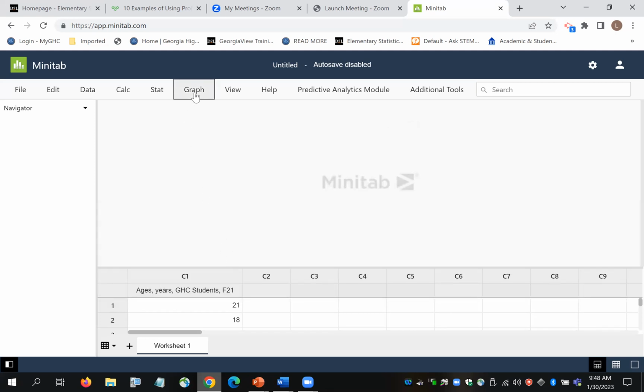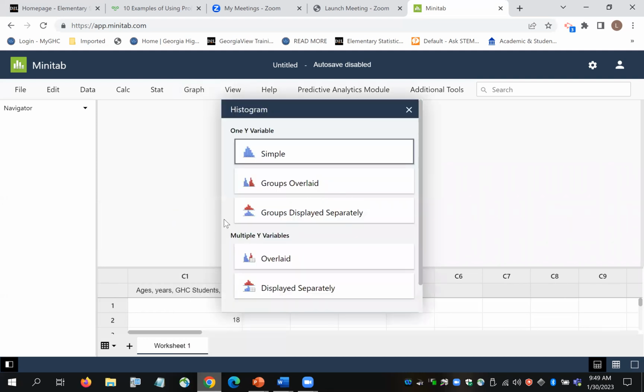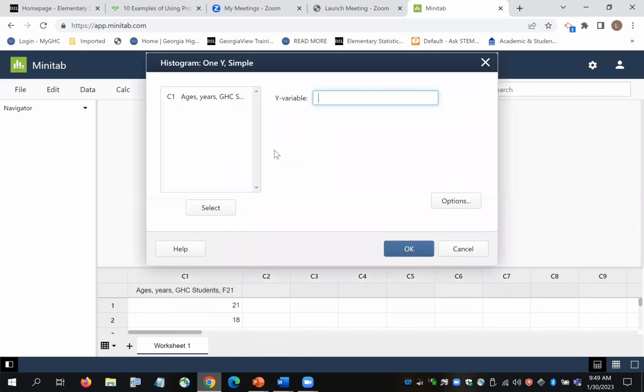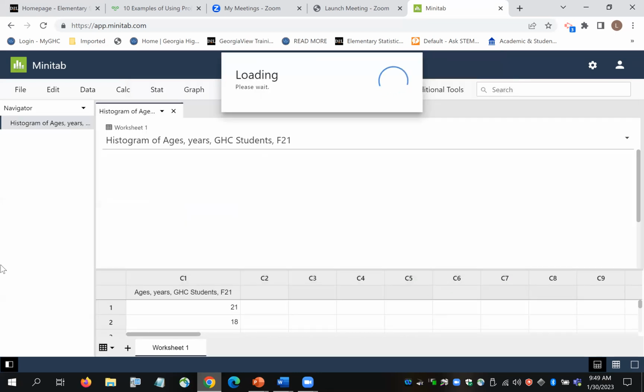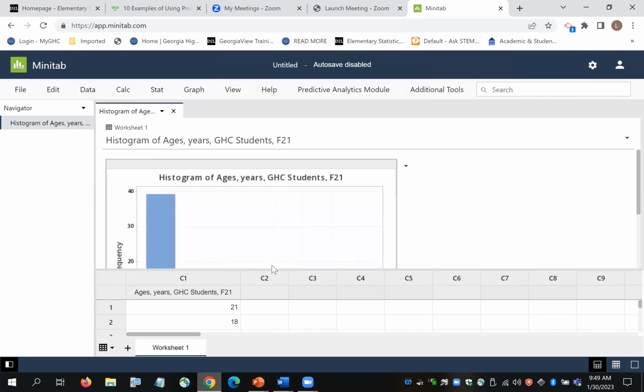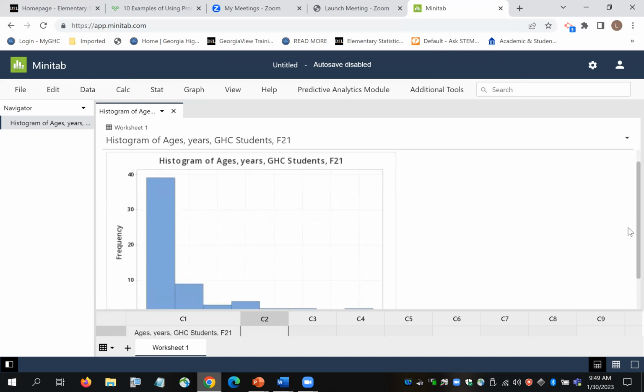I go to graph, histogram, one variable, one y variable, keeping it simple. I choose the variable that I need. I've only got one in the system right now on my spreadsheet. Select it, and I click OK. And my histogram appears in the upper part of the screen.